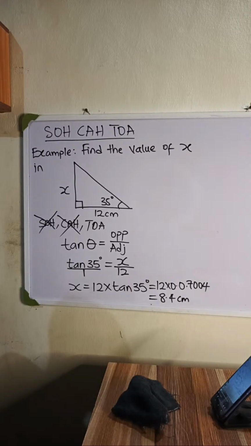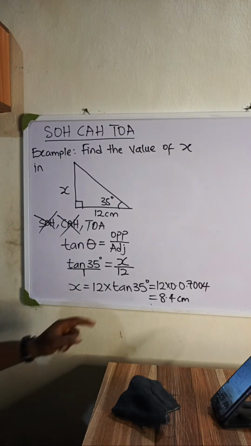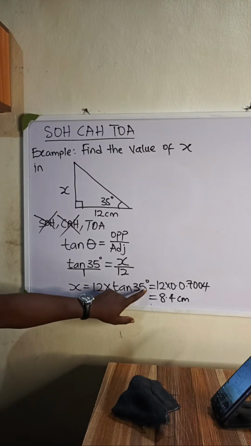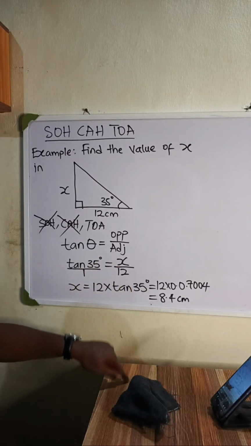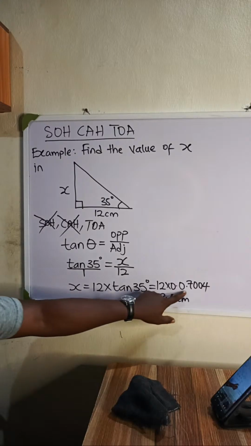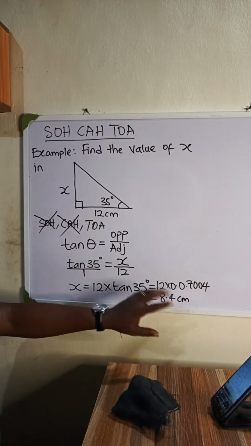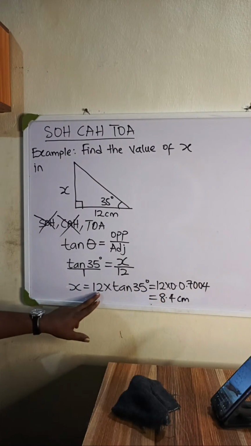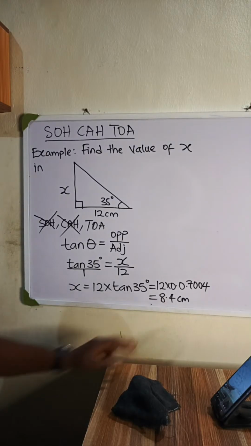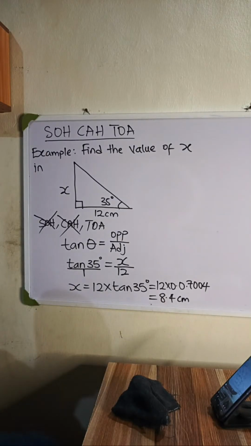Someone is saying, how did I get my answer? Okay, tan 35 degrees, if you use your calculator and type tan 35, you're going to get 0.7004, about that. Then multiply by this 12 you have here. That will give you 8.4 centimeter.